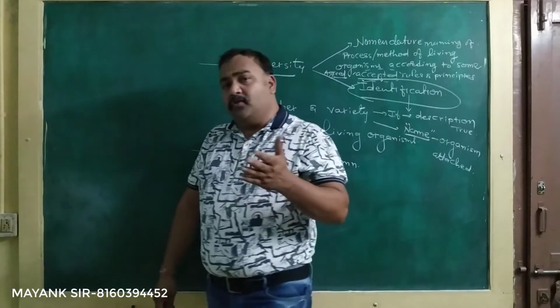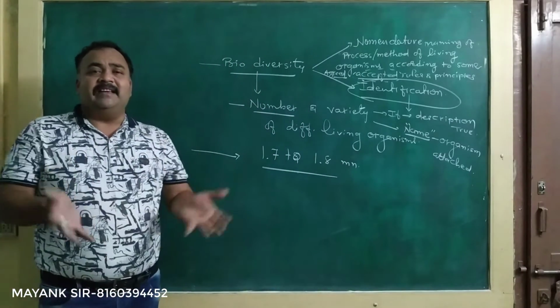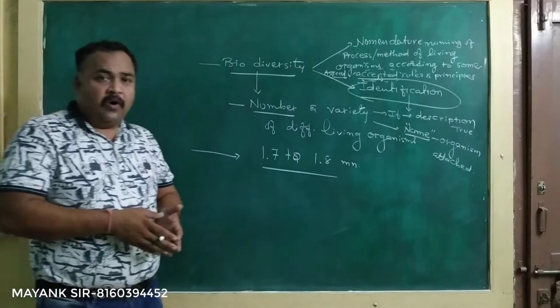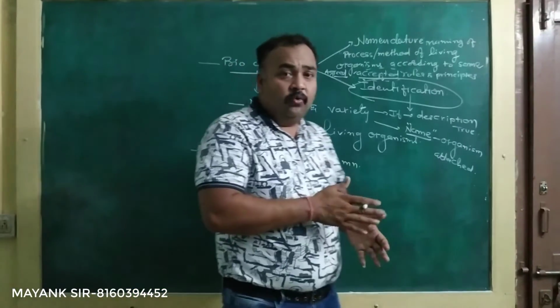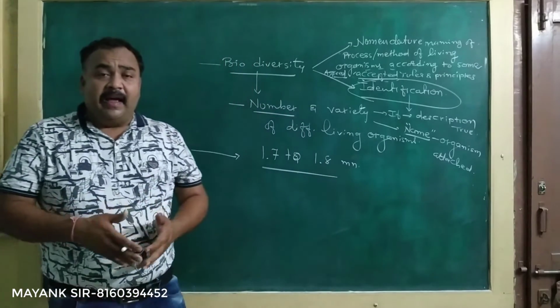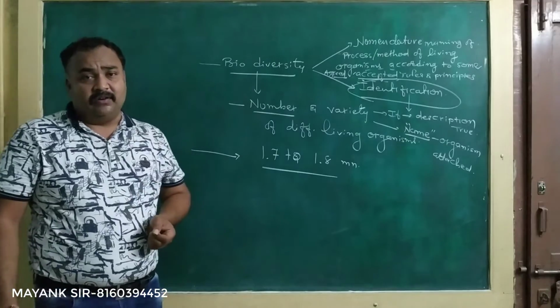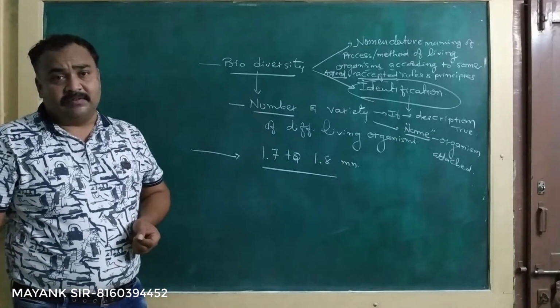No. They cannot identify the same thing. So the scientists of the world, who are dealing with plants and animals, gathered and suggested a unanimous process of naming the organisms.